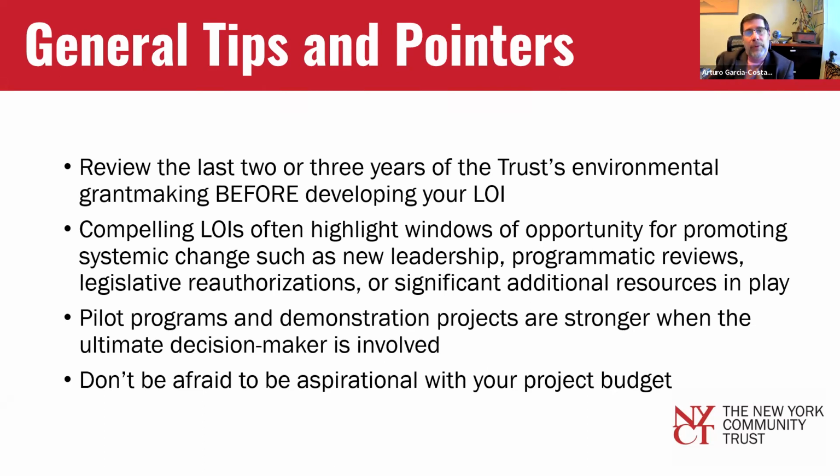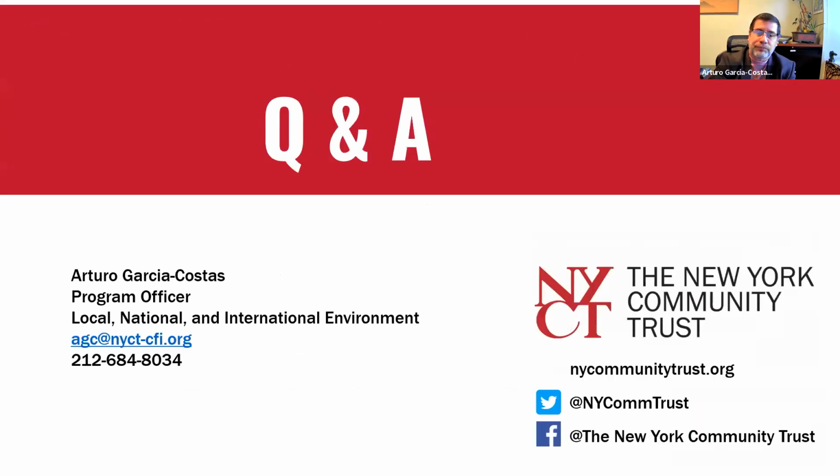So you can be aspirational in your budget, and it's more of an art than a science, because you don't want to be so aspirational that we think, well, there's no chance they're going to make this budget. But it's also good to signal that you understand that your project initiative, to be maximally impactful, might need a larger budget.